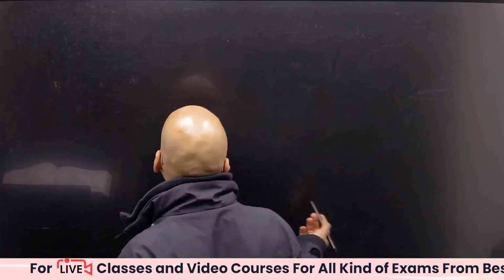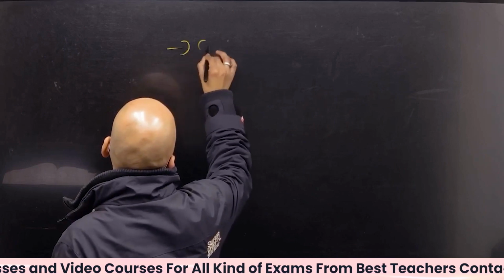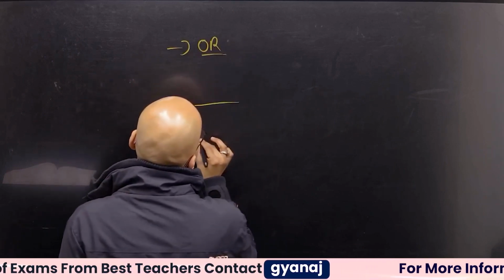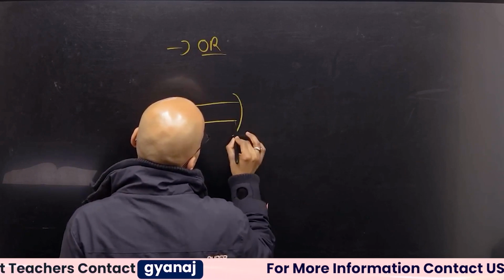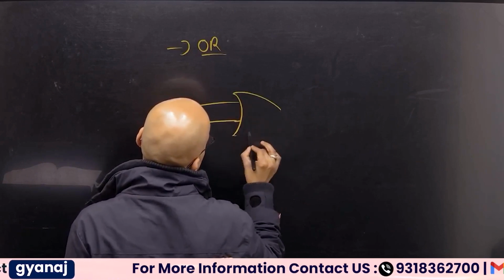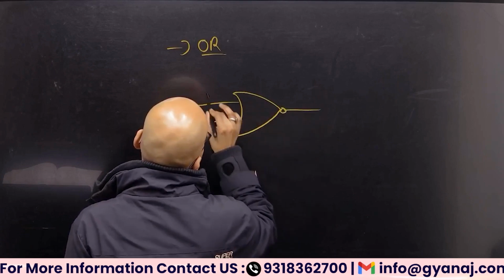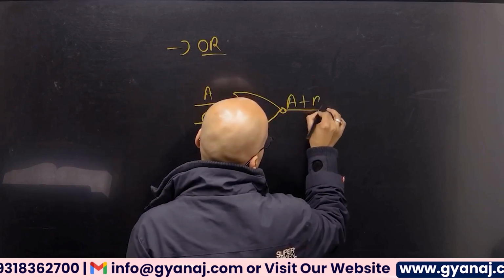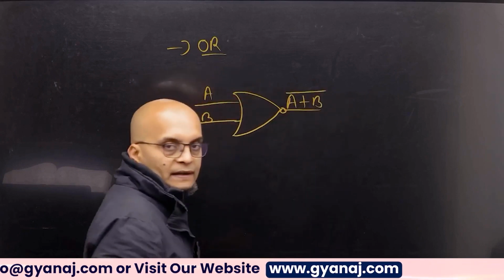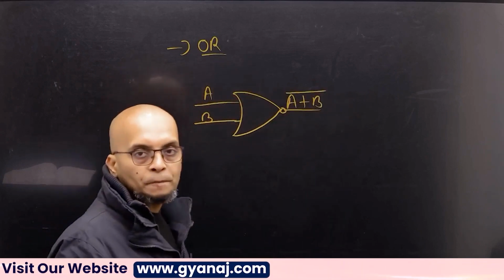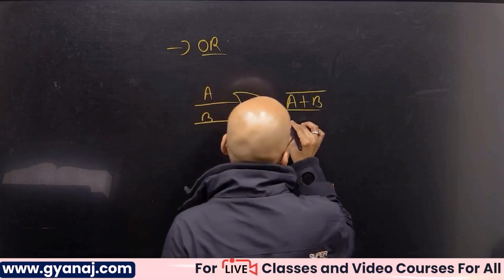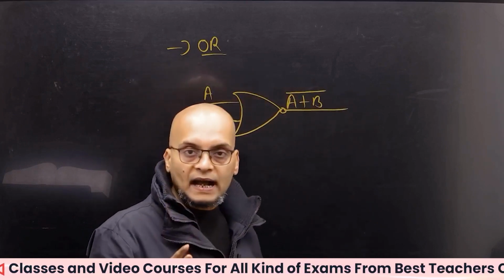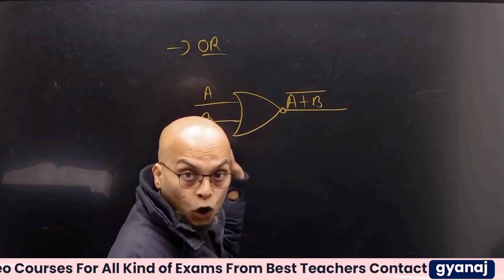Next, let's draw the OR gate with the help of the NOR gate. Again, it is very simple. So this is my NOR. A, B. So what will happen here? A plus B whole complement. Yeah, that's the result of the NOR operator. Now I am going to feed this to the NOT operator designed with the help of the NOR operator.